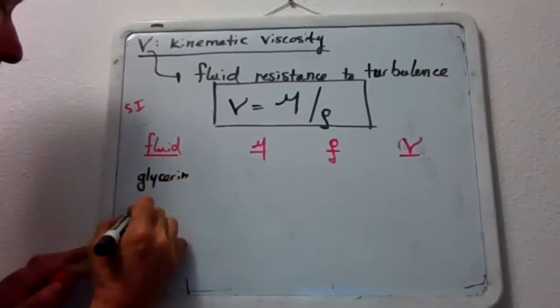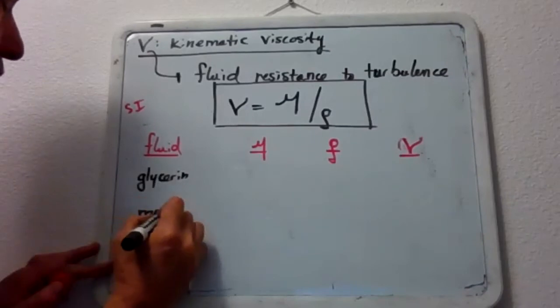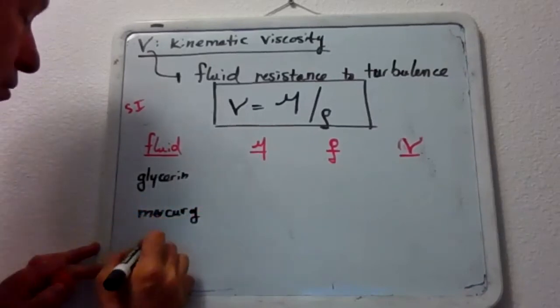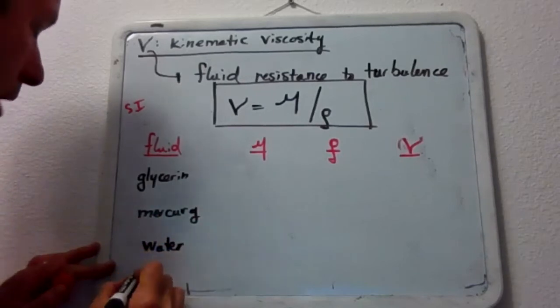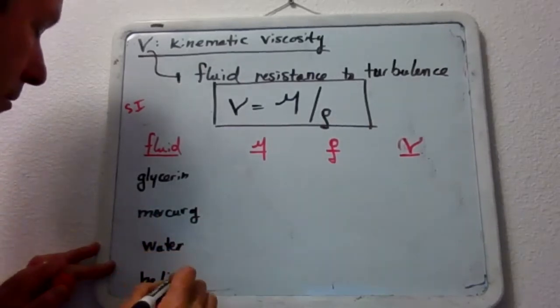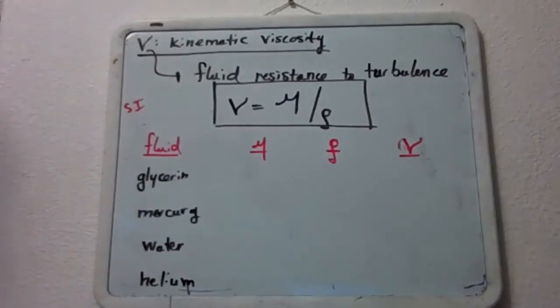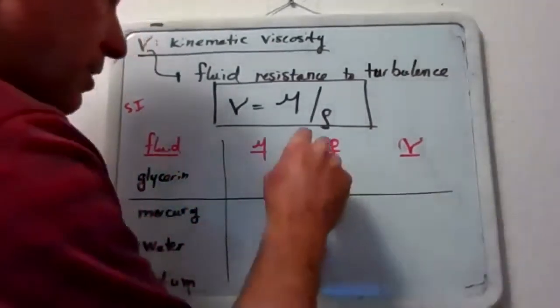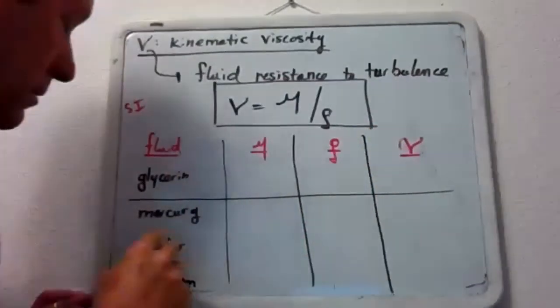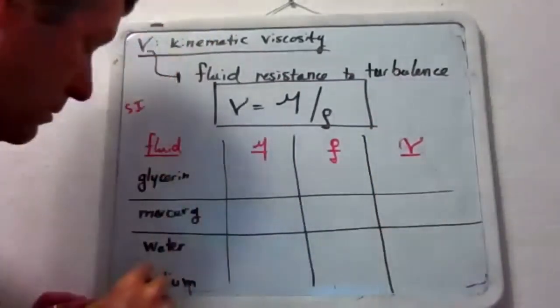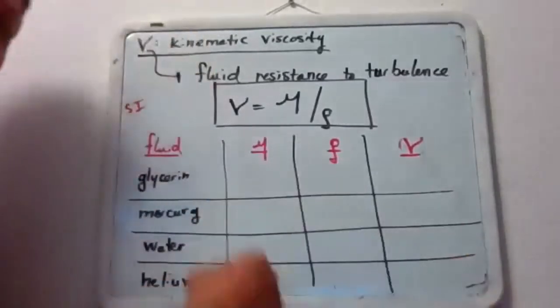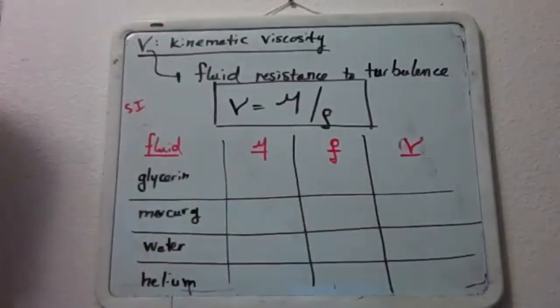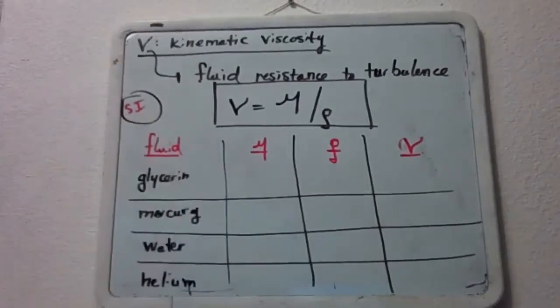You guys do glycerin. I'll do mercury. You guys do water. And you guys do helium. Just write down plug and chug. Please don't stress about this. We'll get the numbers on the board and see if we agree. Don't need to write any units in this chart. We'll talk about the units later on. Just go to the tables and pull those numbers up. Remember, we're doing SI.